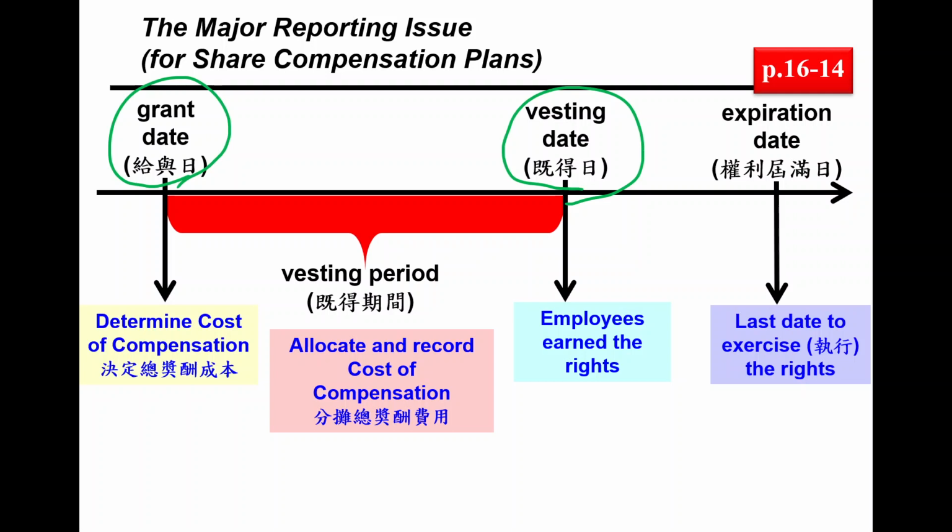So employees have to meet some requirements. Okay, so what are these requirements? Usually, the requirements happen during a period, the vesting period, 记得期间. So the vesting period means employees have to meet these requirements during this period. That's the vesting period.